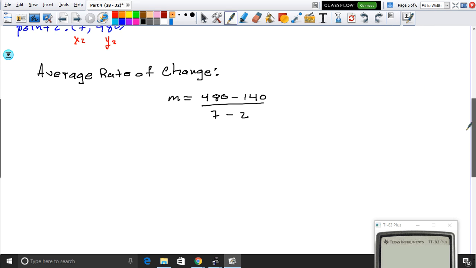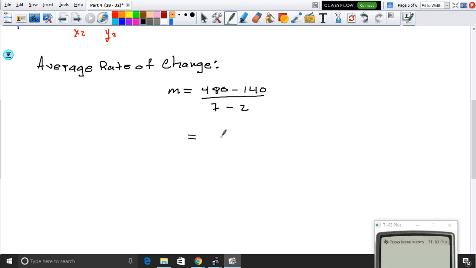So this is equal to, if you do this in the calculator, 480 minus 140, that is equal to 340. And 7 minus 2 is equal to 5. So this is equal to 340 divided by 5. If you do that in the calculator, you will see that is equal to 68.